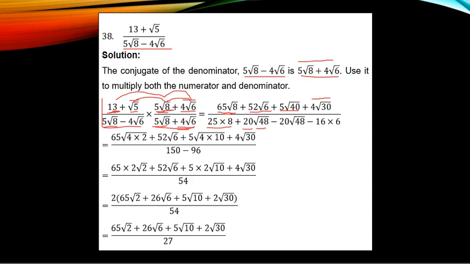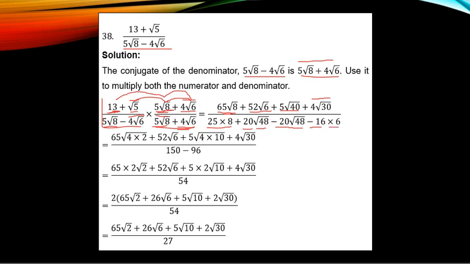Then you take the second term, that is minus 4 root 6 times 5 root 8. Minus 4 times 5 is minus 20. Root 6 times root 8 is root 48. Then the last term times the second term in the second part. Minus 4 times 4, that is minus 16. Root 6 times root 6 is 6.